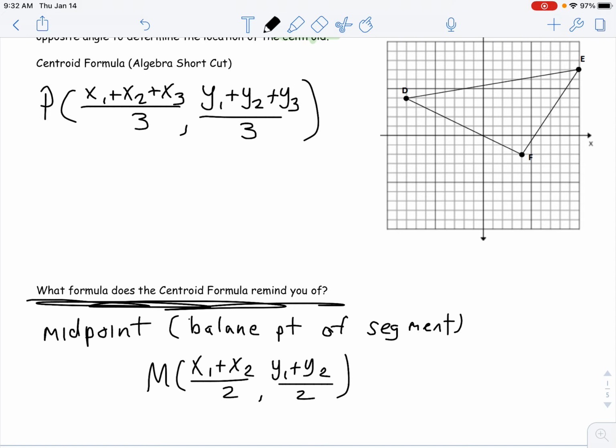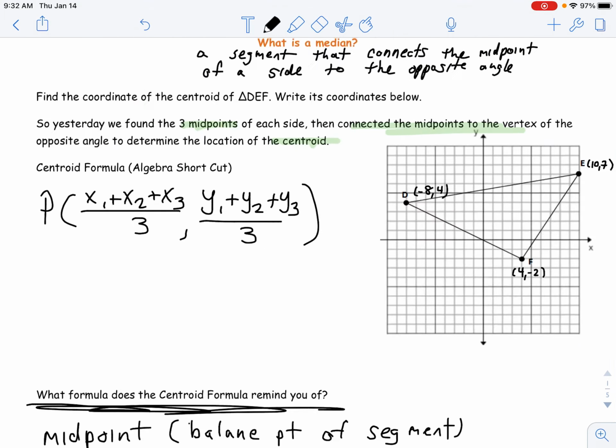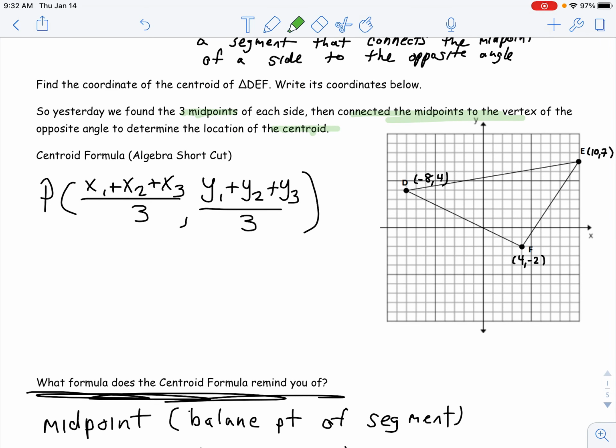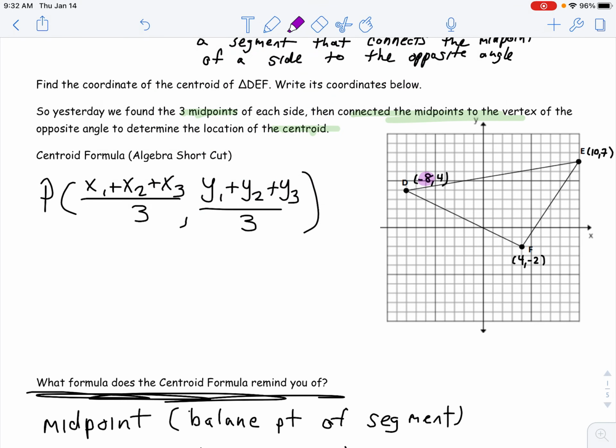So let's dive in and really quick write out each of the coordinates. E is 10, 7. F is 4, negative 2. And then D is negative 8, 4. All right, so you literally just take all the x's, negative 8, 4, 10. We're going to add them together right here eventually.